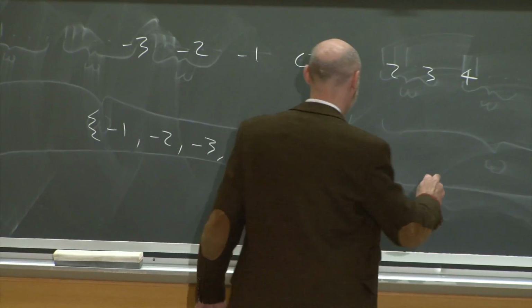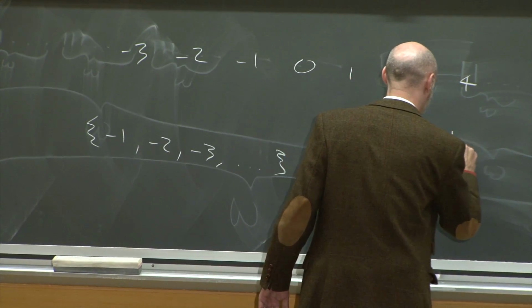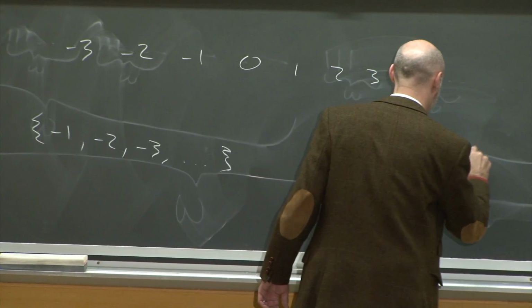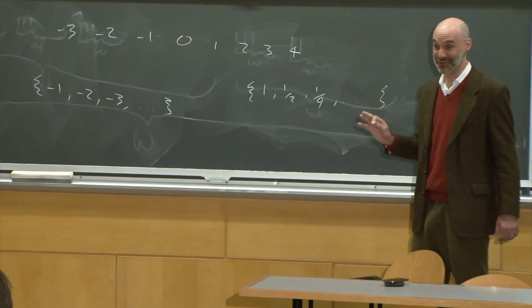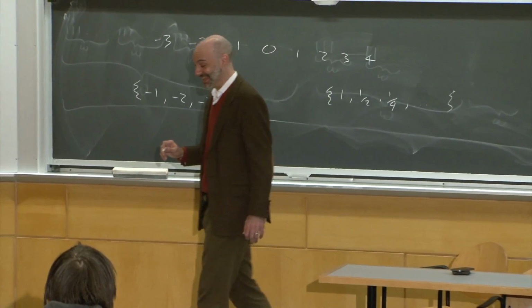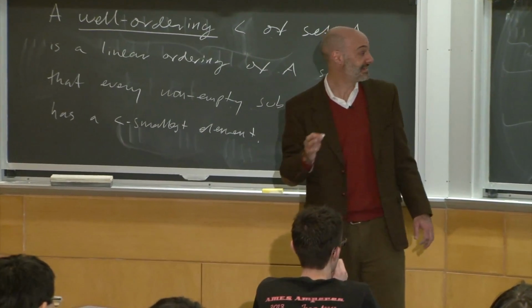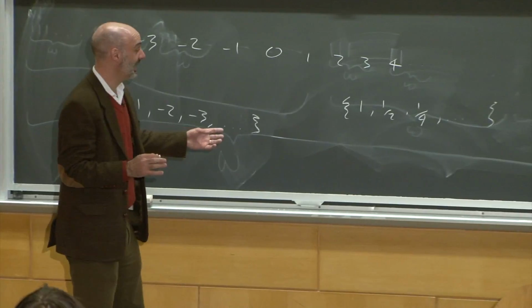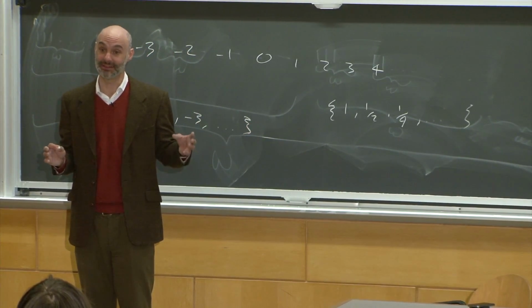Good, nice. OK. So 1, 1/2, 1/4, and so forth. No 0. And that definitely is not a well ordering, as evidenced by the fact that if you take the entire set, that set does not have a smallest element.